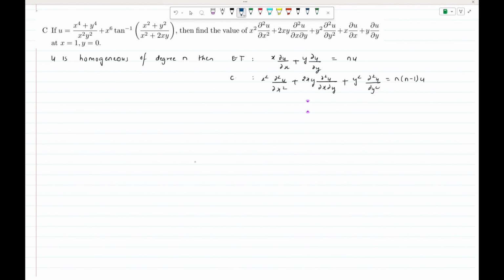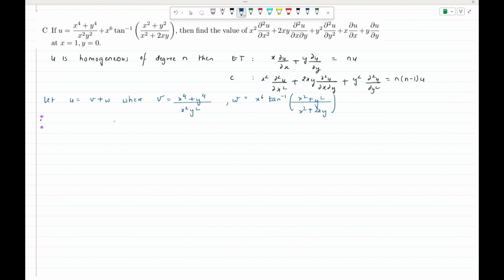It can be seen that the given u is actually of the form v plus w, where v is equal to x raised to 4 plus y raised to 4 divided by x square y square, and w is equal to x raised to 6 into tan inverse of x square plus y square divided by x square plus 2xy.